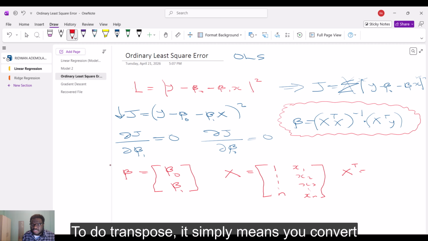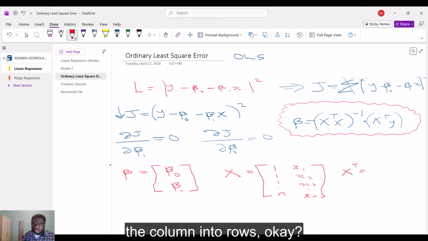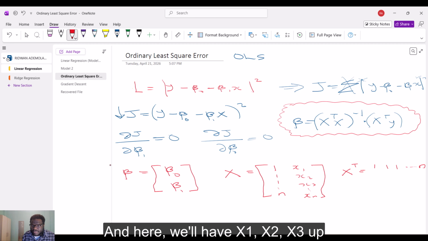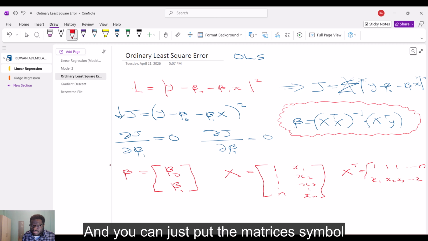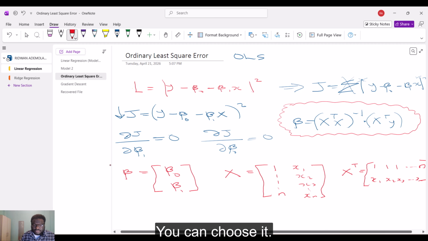To do transpose, it simply means you convert the columns into rows. So this will simply look like this: 1, 1, 1 up to n, and here we'll have x1, x2, x3 up to xn. Then you can just put the matrix symbol here.